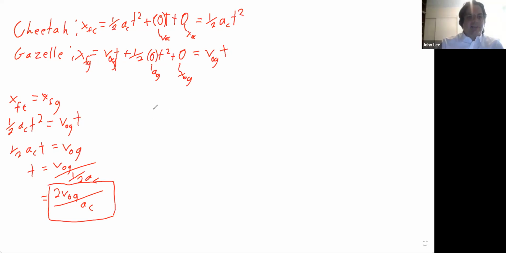And then plug this in for X final cheetah equals 1/2 AC times 2 V naught G over AC, squared.